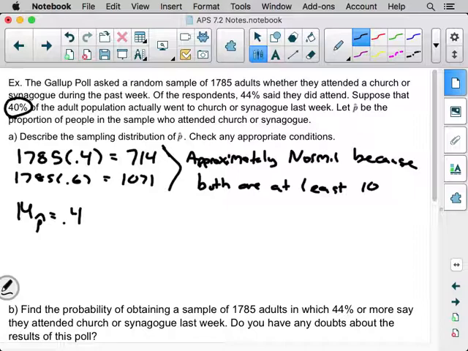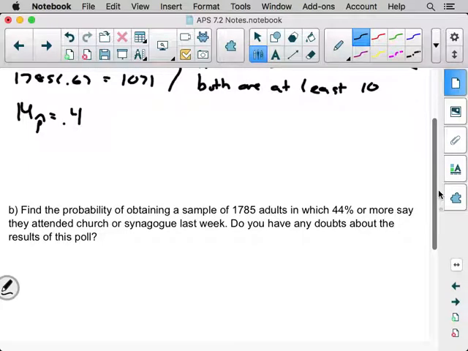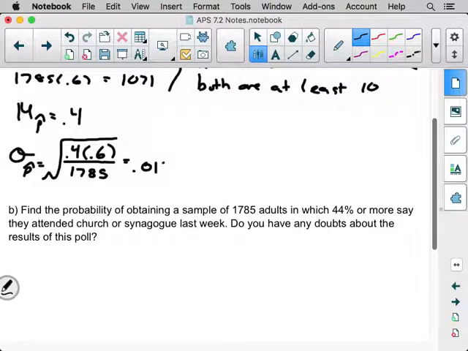And then finally, standard deviation: that formula says take that proportion, the opposite of that proportion, and divide it by the sample size. 0.0116. And what needs to be true for that to be accurate?